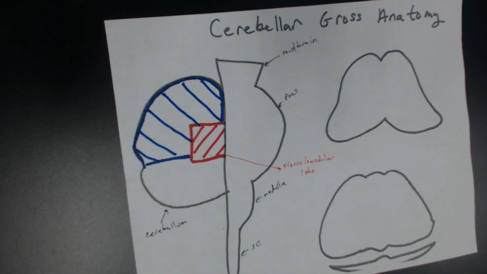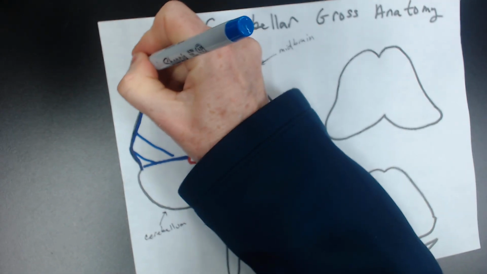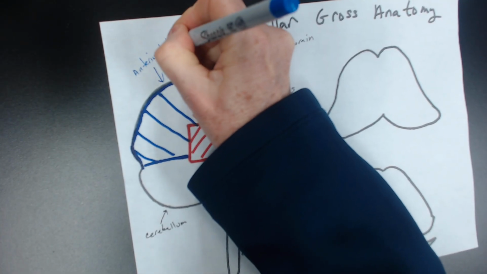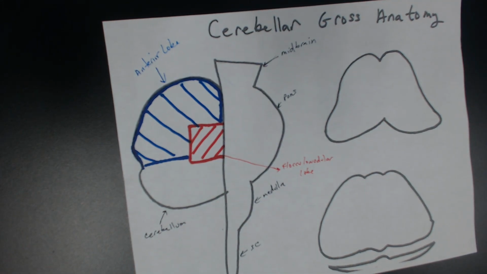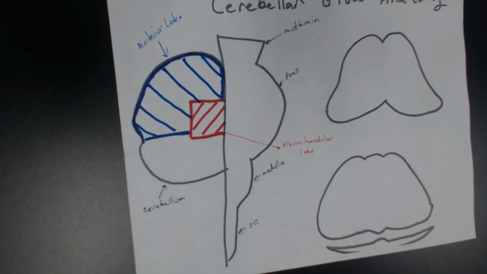Okay, that's known as your anterior lobe. So these are just basic parts of the cerebellum, and this is the anterior lobe. So if I looked at the cerebellum proper, I would see just a small demarcation, and anything above that, if I'm looking at the back side of the cerebellum, I'd call that the anterior lobe.